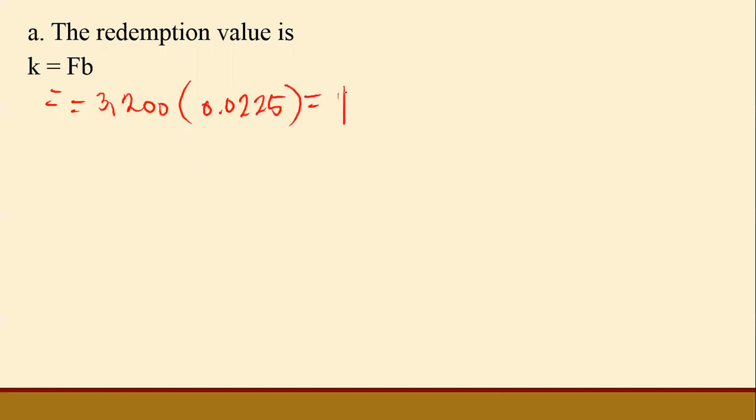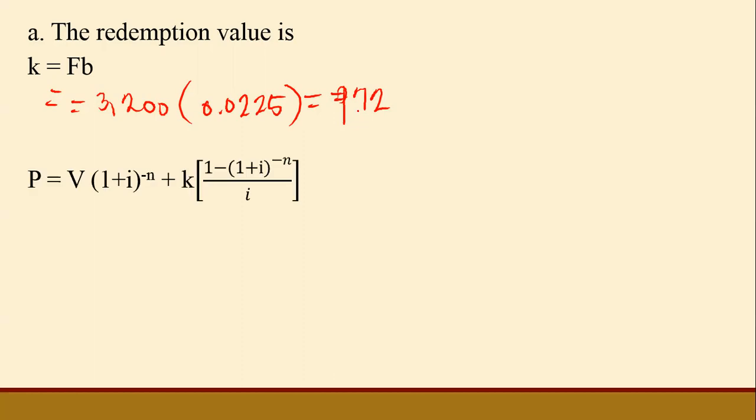Okay, so this is equal to 72 pesos coupon payment. And then we will use this formula to get the price of the bond to yield at 8%, right? So let's just substitute the values to this formula to find the price of the bond.